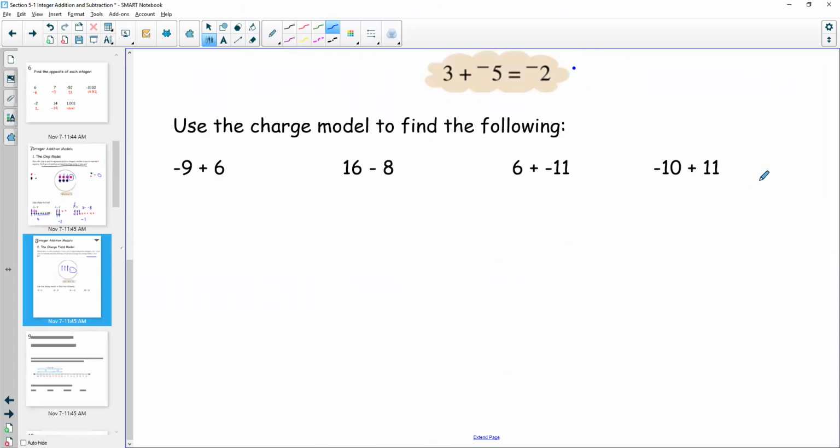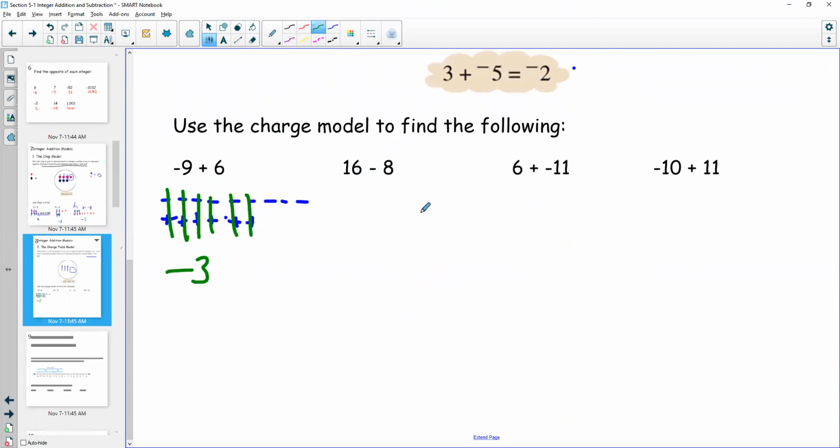That's all. All right, so the first one is -9 plus 6. My pluses are going to be really sloppy because I'm drawing on my computer. I'm sorry. 5, 6. This works the same way, we make zeros. 1, 2, 3, 4, 5, 6 zeros leaves me with -3.